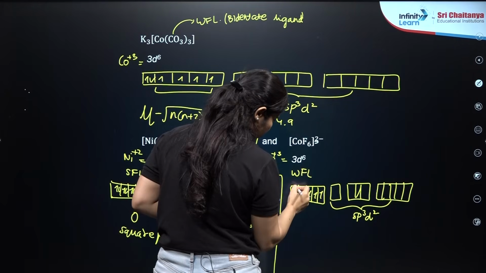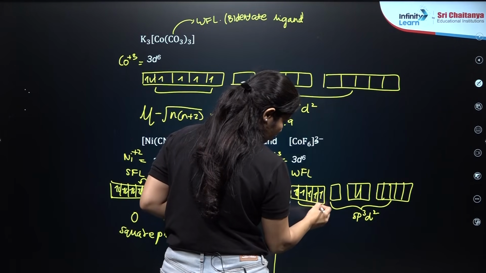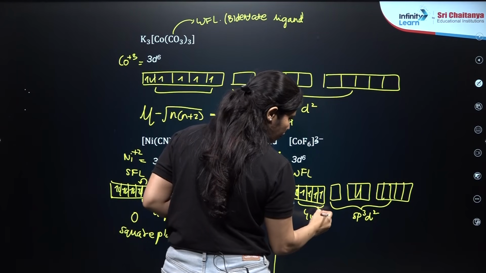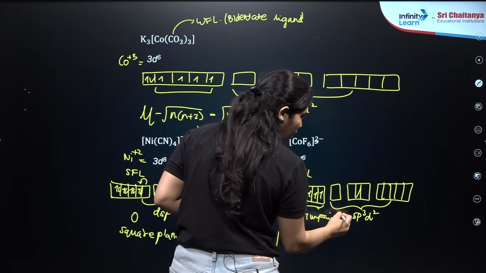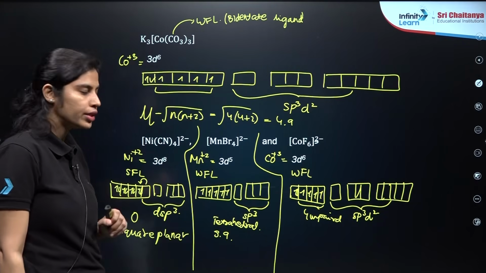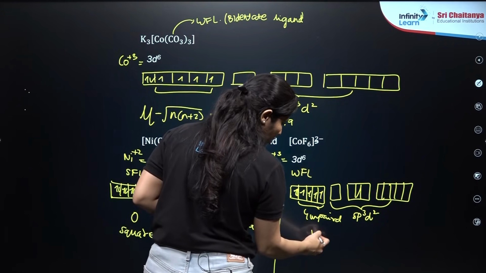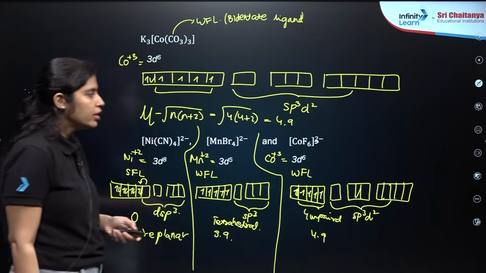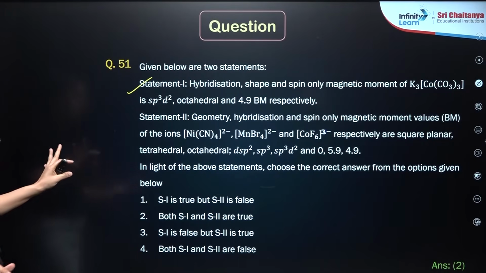So 1, 2, 3, 4, 5 and 6. How many unpaired electrons do we have? We have 4 unpaired electrons. If we have 4 unpaired electrons, our Bohr magneton value is going to come out to be 4 point something, 4.9. So yes, everything is absolutely fine over here.